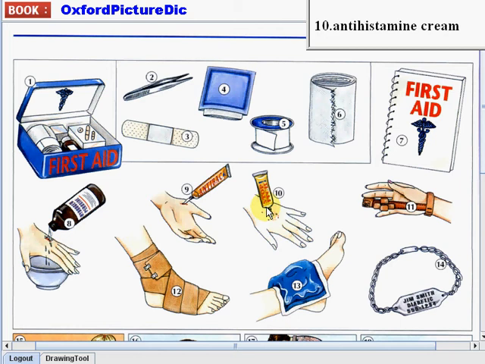the antihistamine cream. Again, antihistamine cream. It is a cream used to treat allergies to avoid itch. Alright.